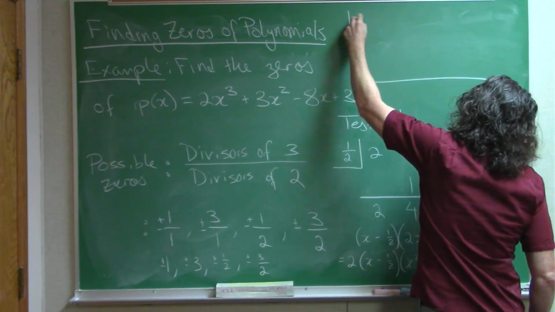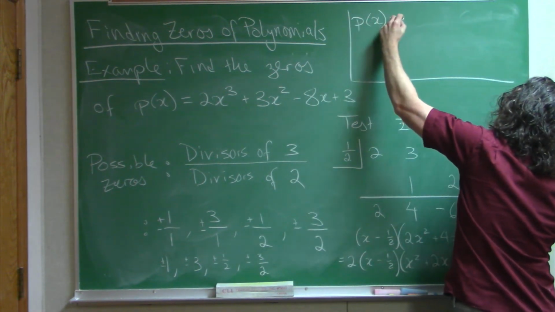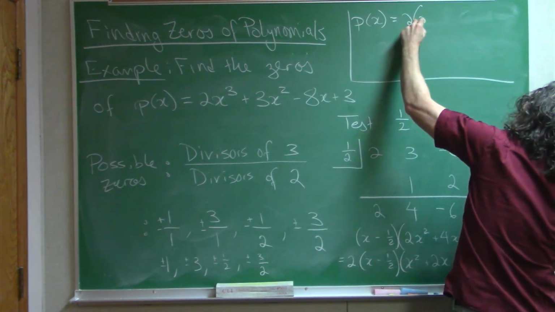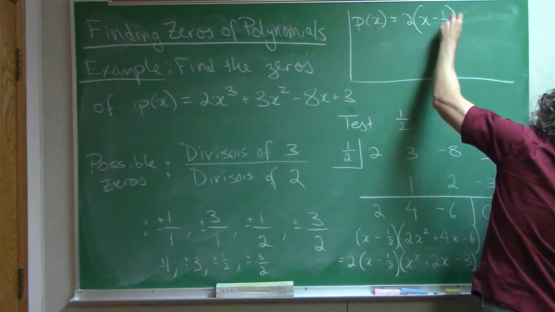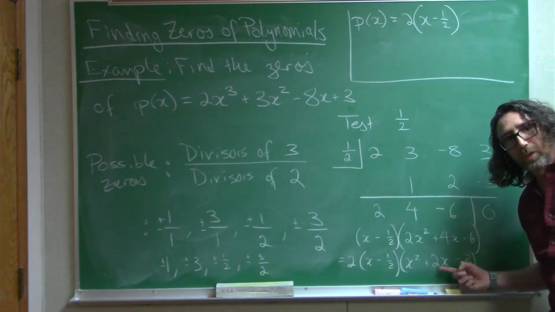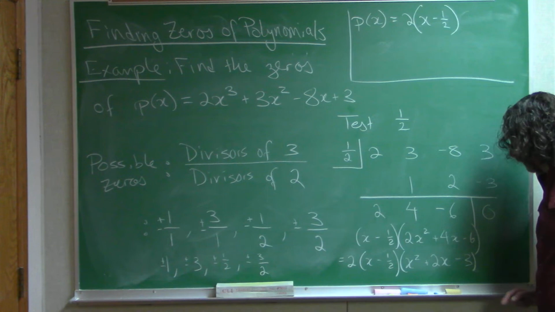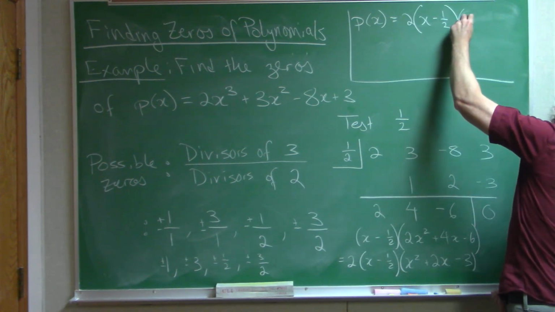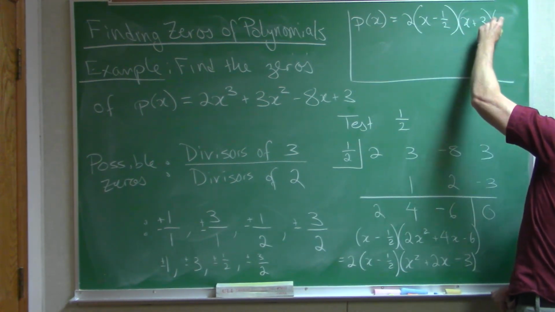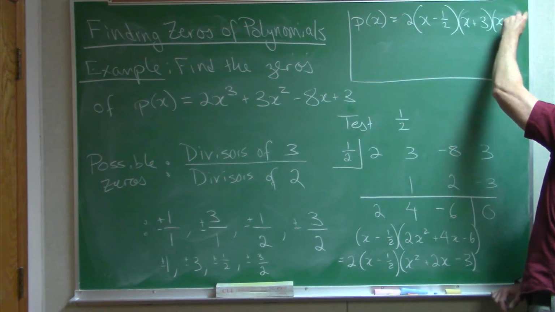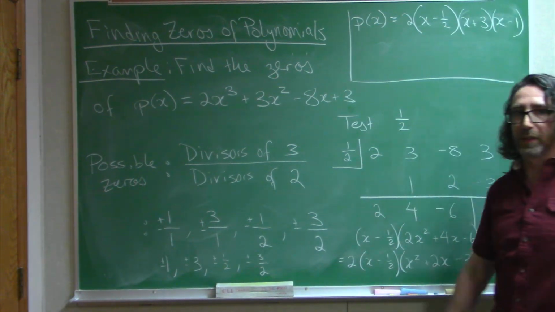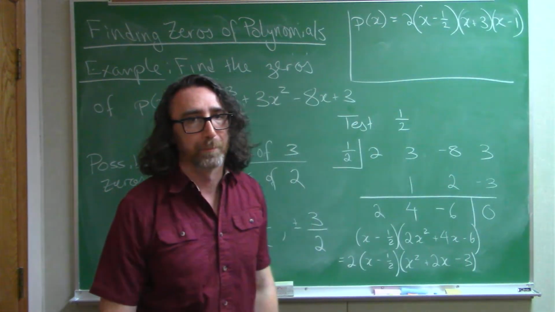All right, write it up here. We've got that 2 hanging out there. X squared plus 2x minus 3. X plus 3 times x minus 1 does the job.